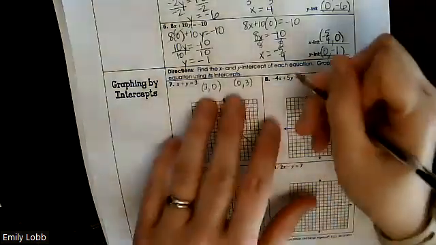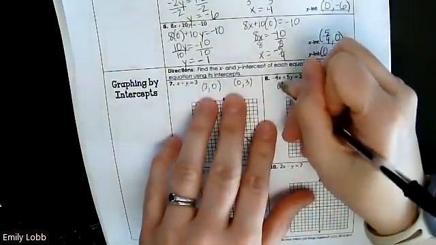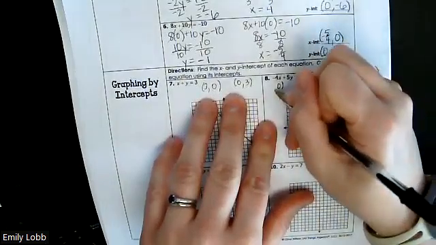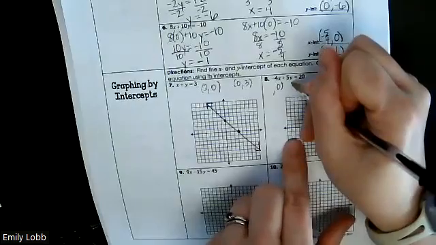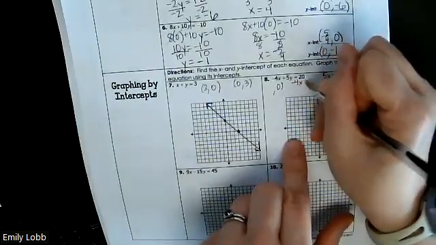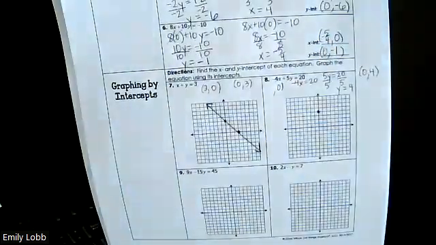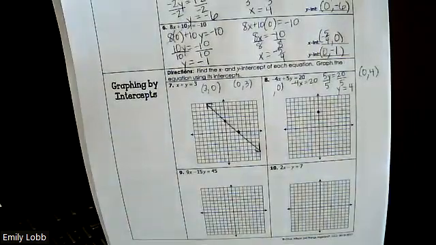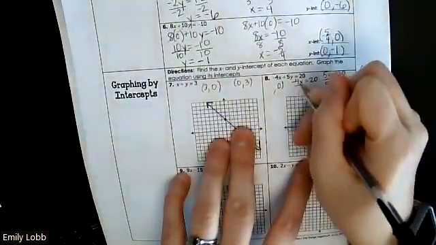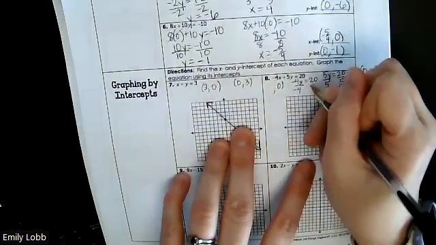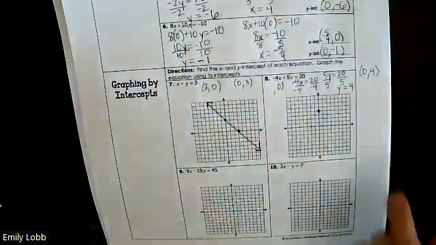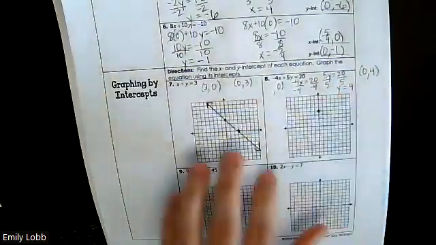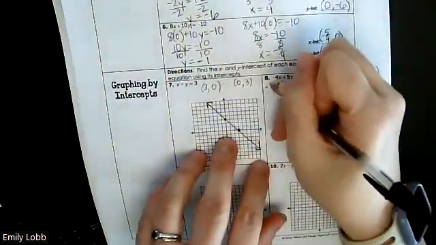Now, if we're putting a 0 in for y, this goes away, and we're left with negative 4x equals 20. So to find x, we would be dividing both sides by negative 4. 20 divided by negative 4 is negative 5.